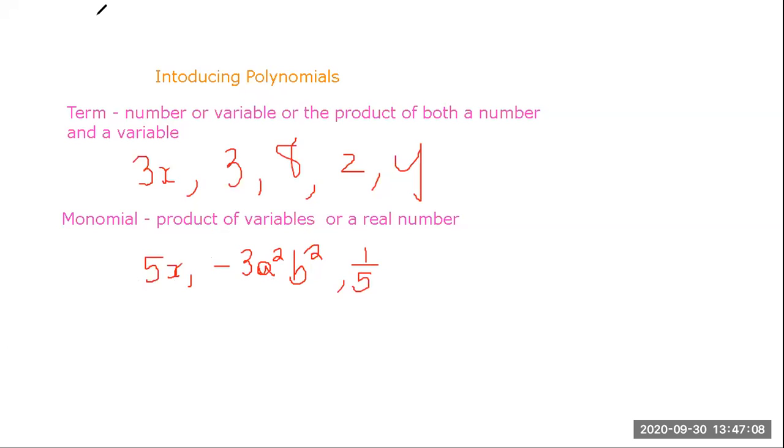If we look at the other one, binomial is basically two terms together. A polynomial is a monomial or sum of monomials.